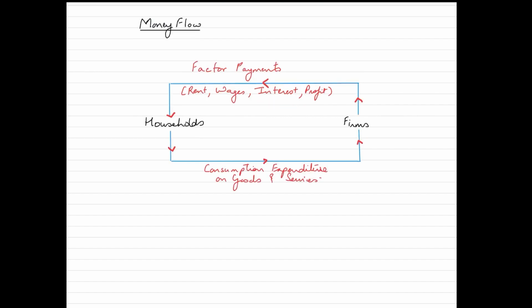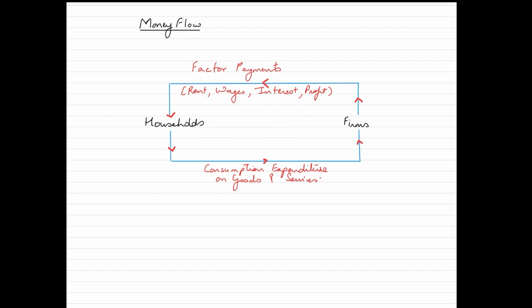The second flow is called the monetary flow or the nominal flow. This flow would talk about the payment that is made by firms to the households in terms of factor payments. The various ways through which the payment goes are rent, wages, interest, and profit.